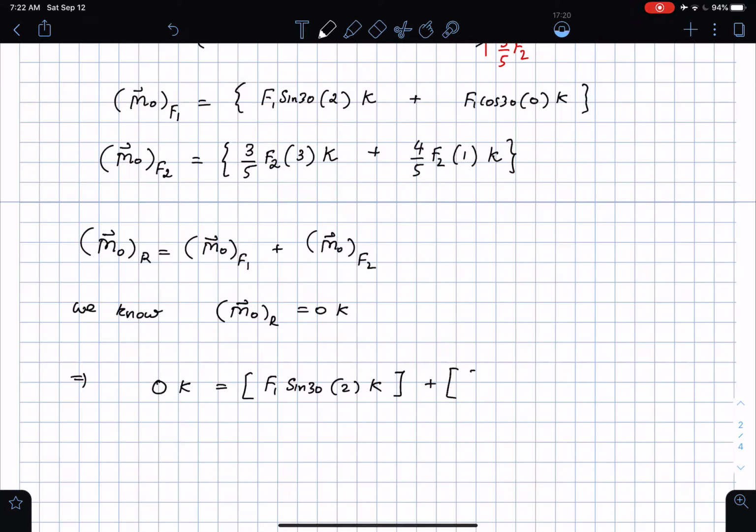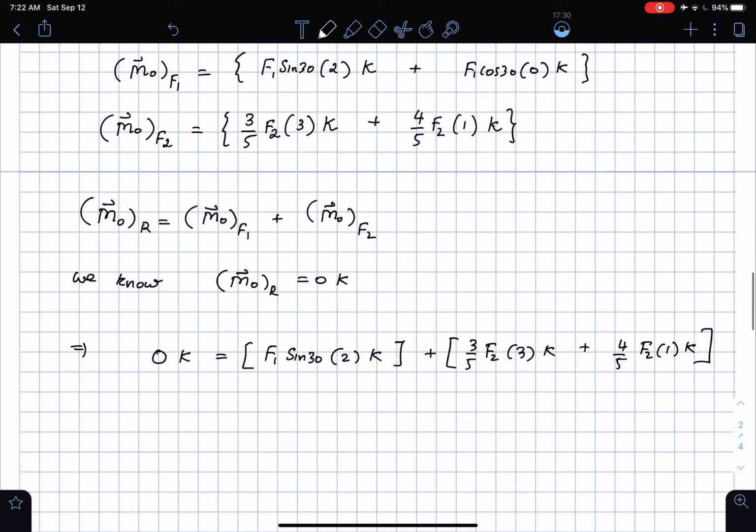And this is going to be 3/5 F2 times 3 in the K plus 4/5 F2 times 1 in the K direction. Then all I have to do is isolate this force F2, and we also know that the force F1 is 1000 newtons. Substitute.